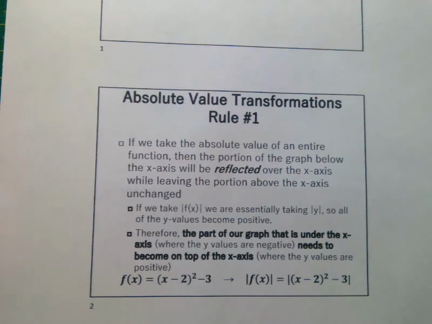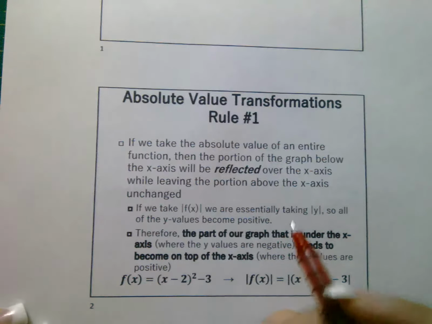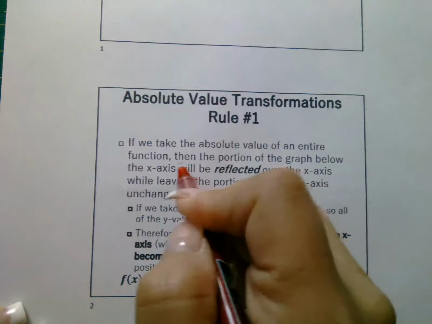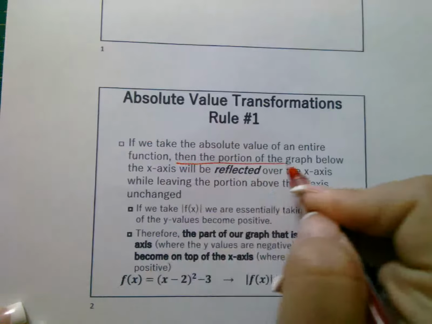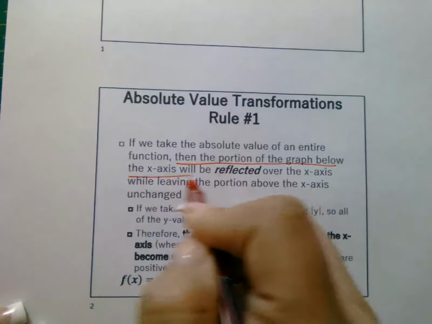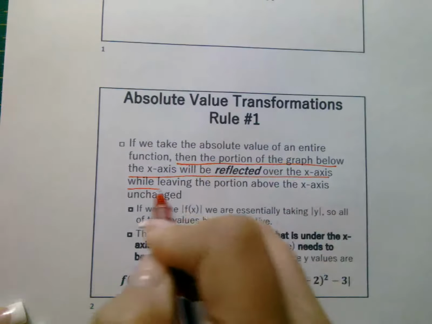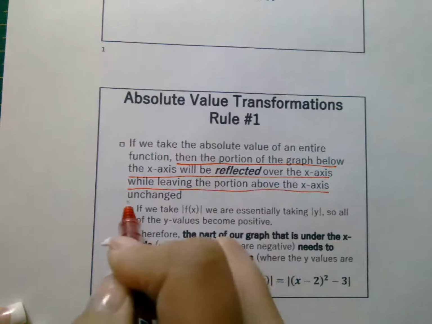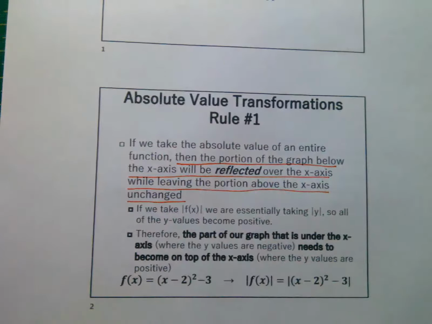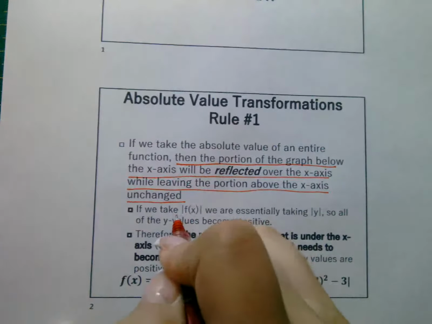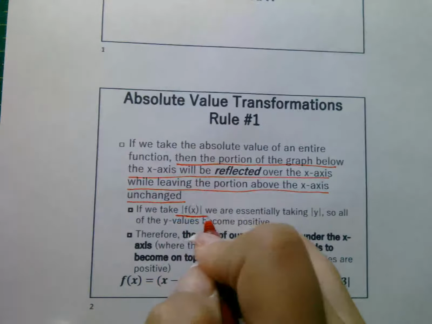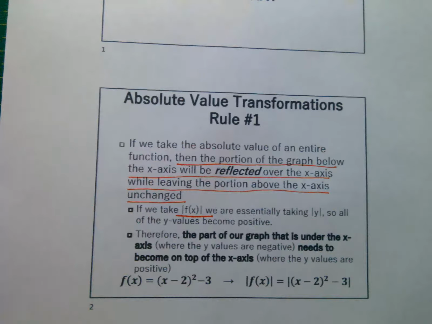I just want you to write down your rule for right now. The portion of the graph below will be reflected up, and whatever is above the x-axis will be unchanged. So the notation of when we take the absolute value of the entire function will look like that. That's how we'll know.